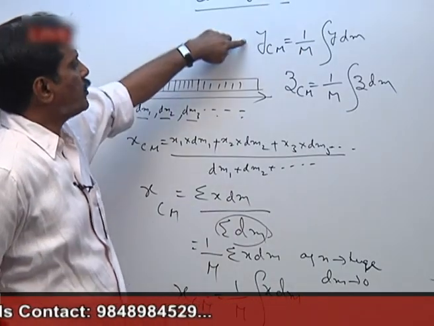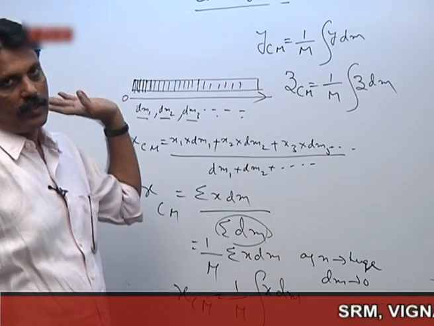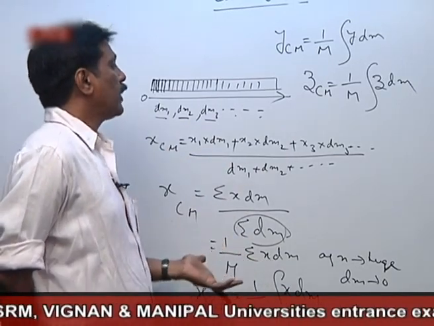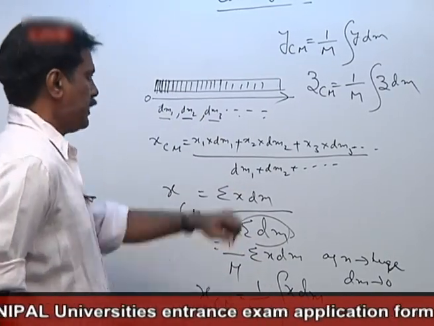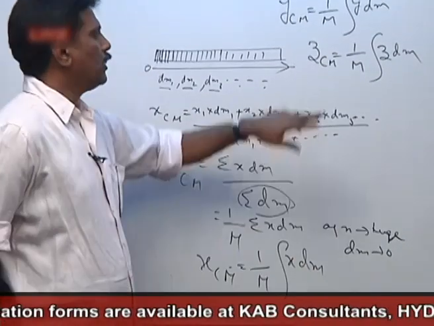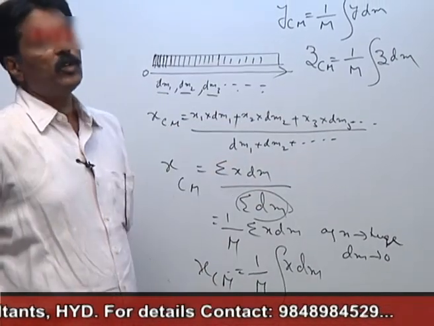If it is a two-dimensional object, you will get x and y. If it is a three-dimensional object, you will get all three coordinates. So the general procedure to find the center of mass coordinate for an extended object is this.